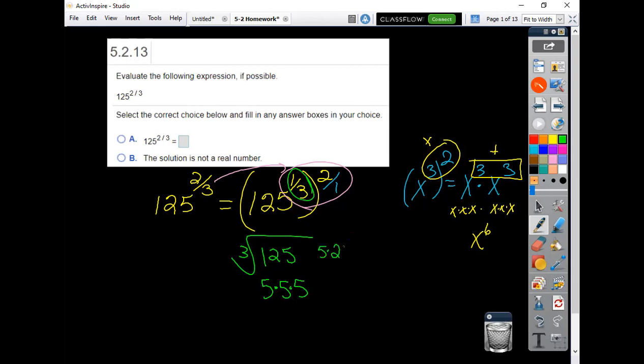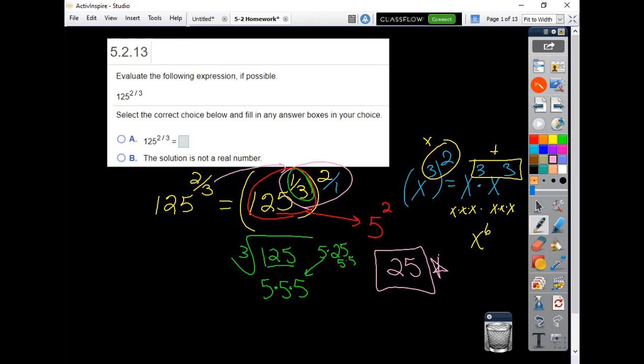So 5 quarters makes $1.25, 5 times 25. So this is 5 times 5 times 5. So the cube root of 125, this part right in here, that alone is a 5, and then it's squared out here. So my final answer for this problem would be 25.